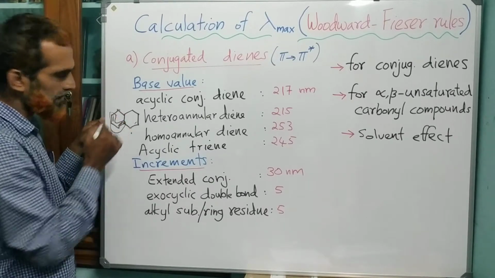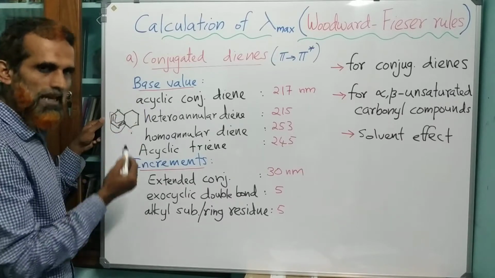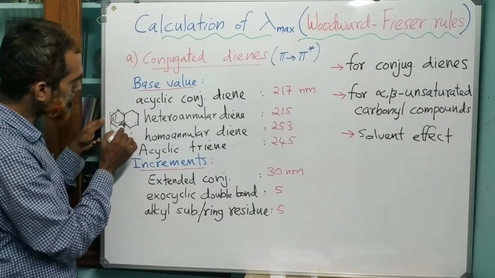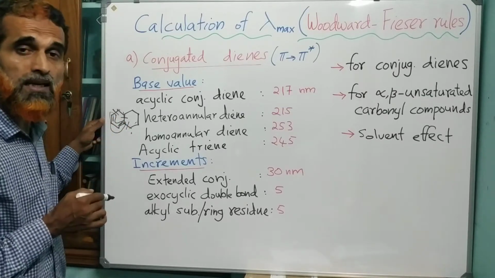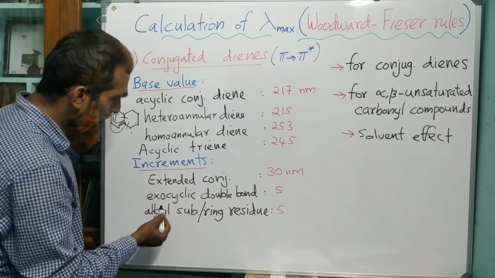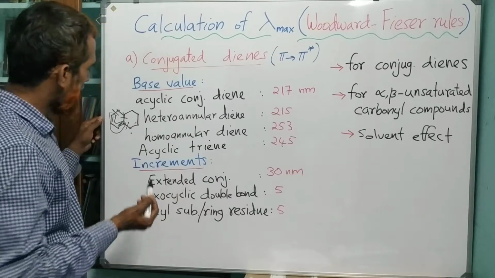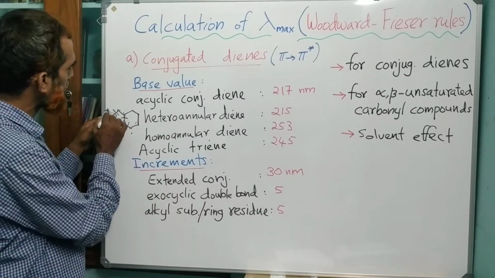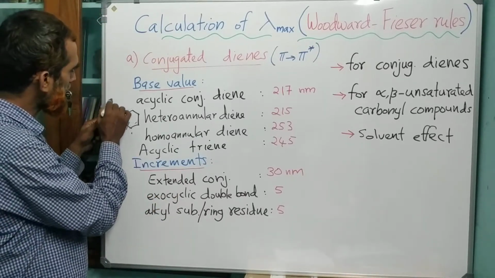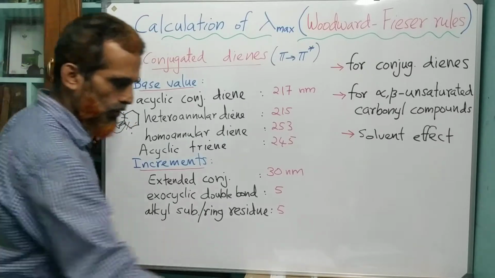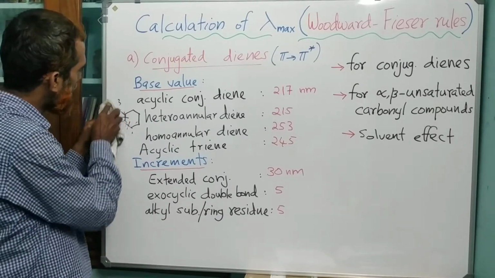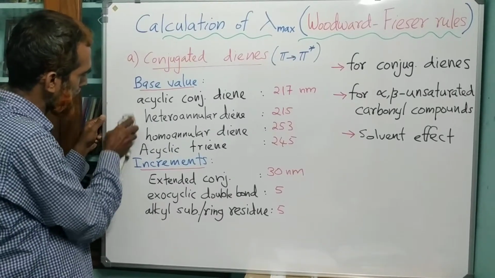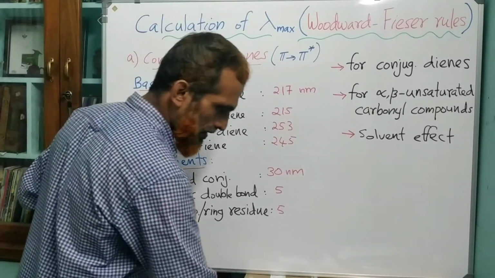So this is a ring residue, this is also a ring residue, this is a ring residue. So we have to add 5 nanometer for all these ring residues. Similarly, if it is an alkyl substituent, if one methyl group, CH3, is coming here, we should add 5 nanometer. So we will go to examples to understand these rules. We will practice a few of them.